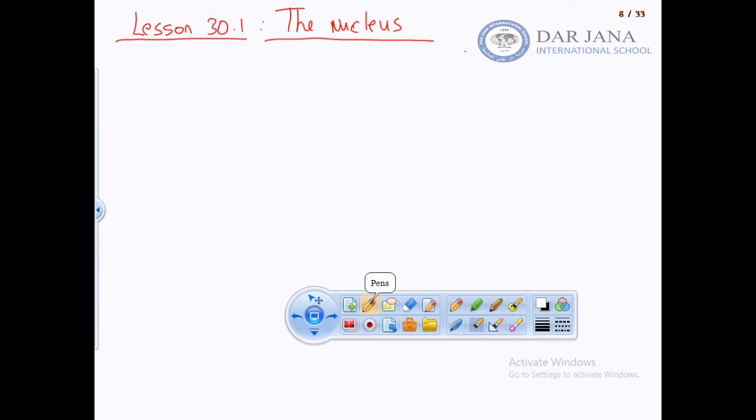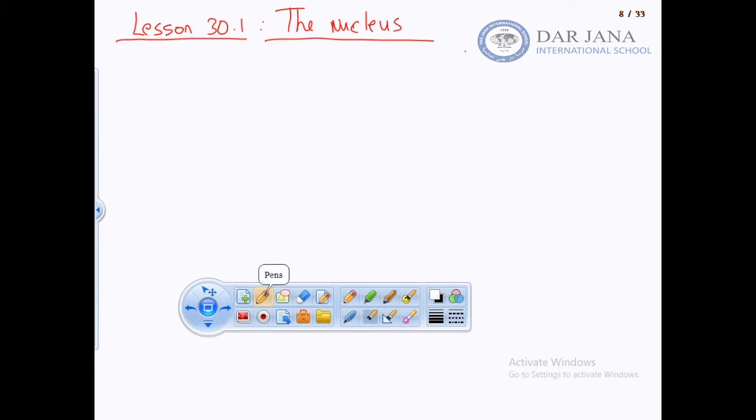First of all, we have any element. Its symbol is X, let's say. You know from before that we have A up and Z down. A is called the mass number or the atomic mass number.